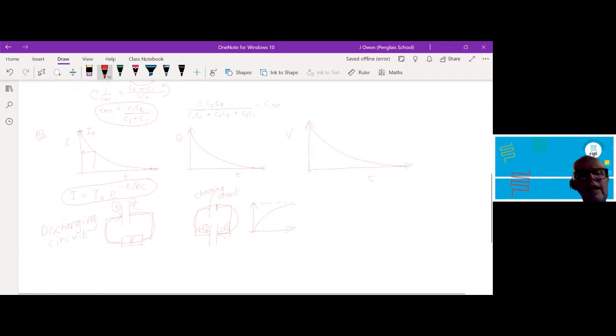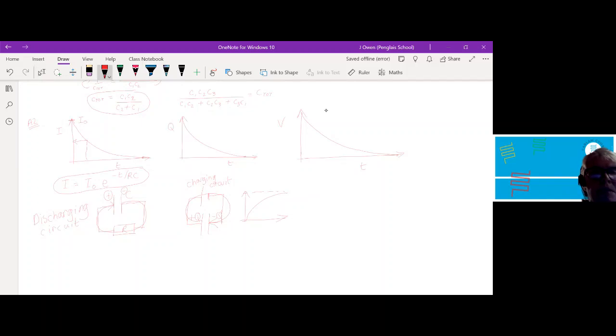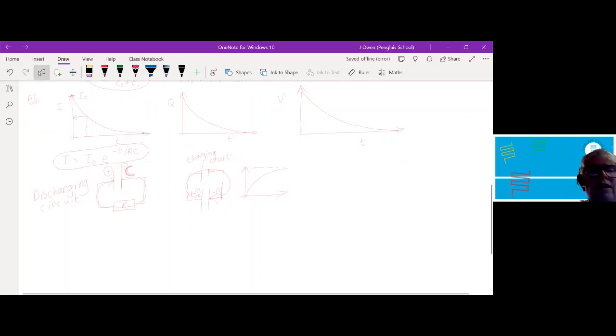Clearly, if you've got a big capacitor, you're able to hold more charge, and therefore it's going to take a lot longer to discharge through the resistor.